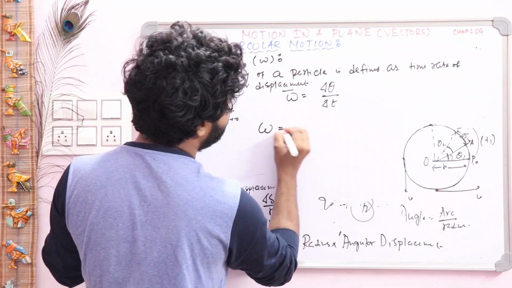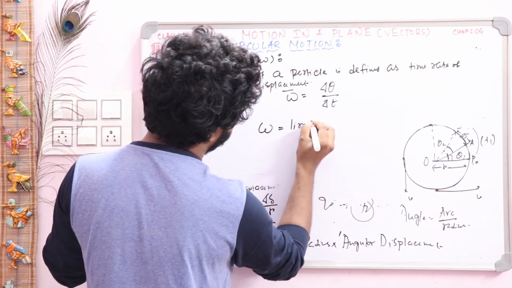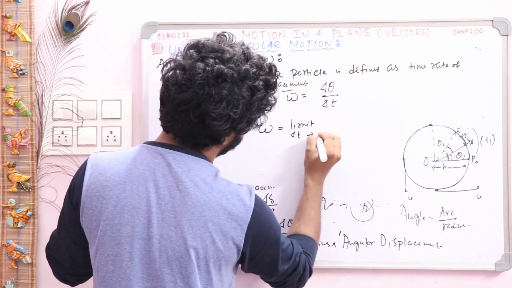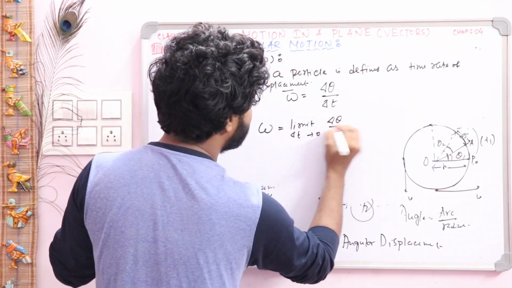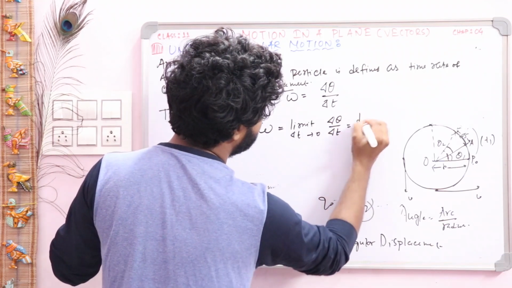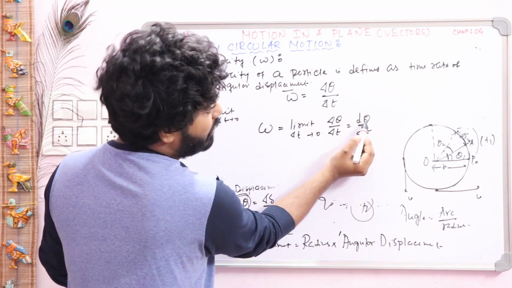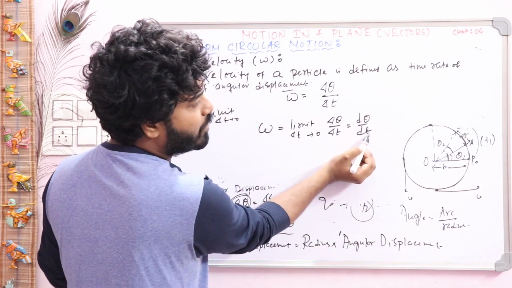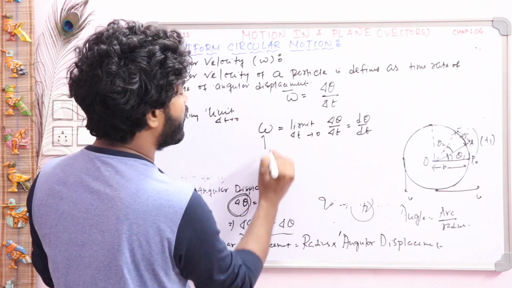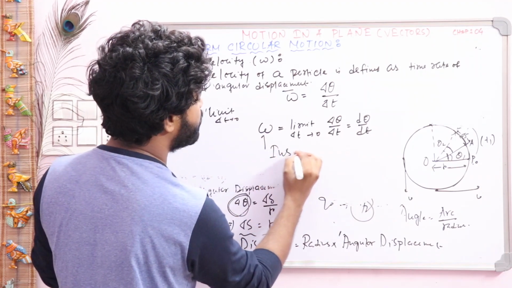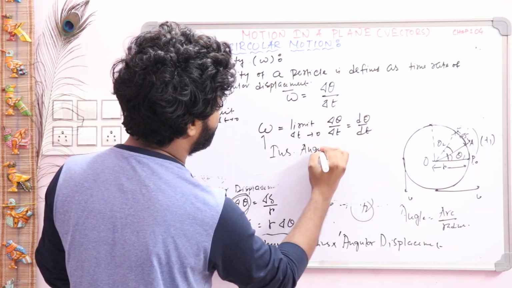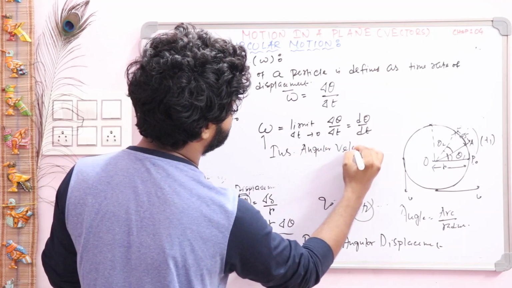So this one will be omega, limit del t tends to 0 of del theta by del t, and this one will be d theta by dt. That is, we have to differentiate theta with respect to t, and we will get omega, and this omega is named as instantaneous angular velocity.